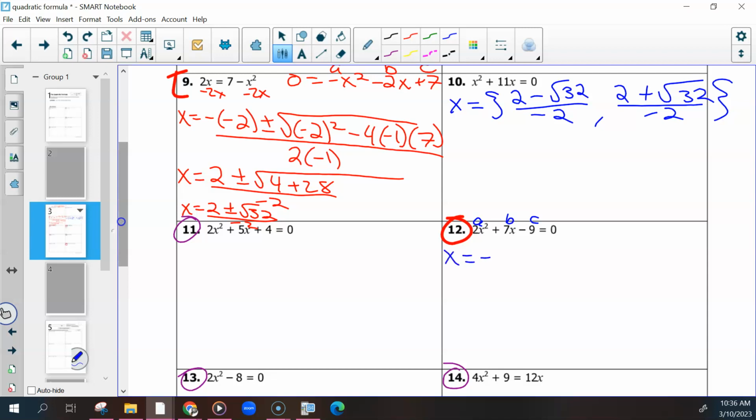X equals negative B plus or minus the square root of 7 squared would give us what? 49, minus 4 times A, which is 2, times C, which is negative 9, all over 2 times A, which is 6.